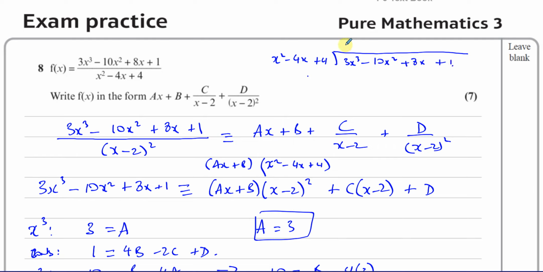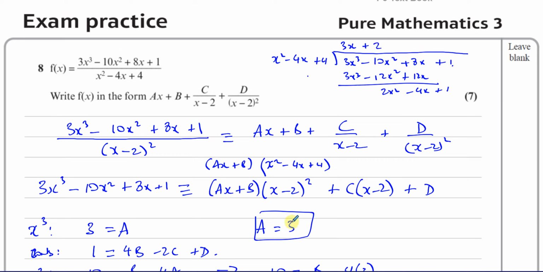So here, for example, you're going to get 3x, and that will be 3x cubed minus 12x squared plus 12x, and then when you subtract these, that gives you minus 10 minus 12, which is 2x squared. 8 minus 12, which is minus 4x, and plus 1. Again, x squared into 2x goes plus 2.